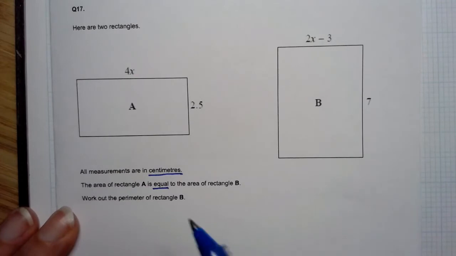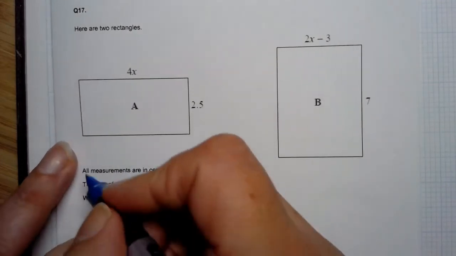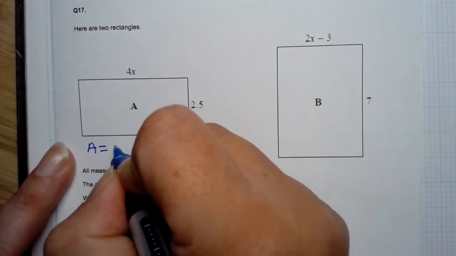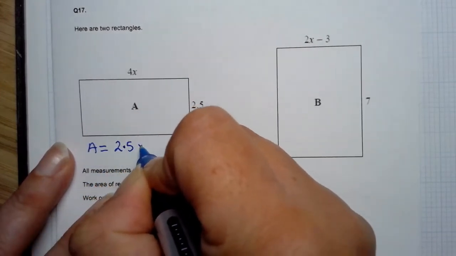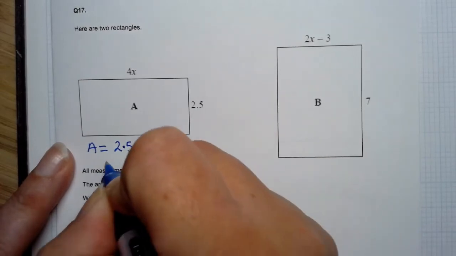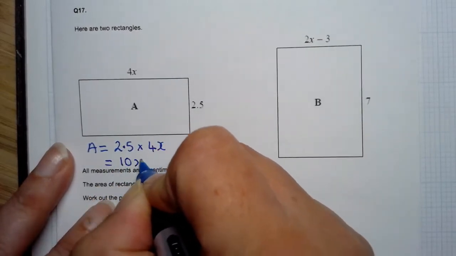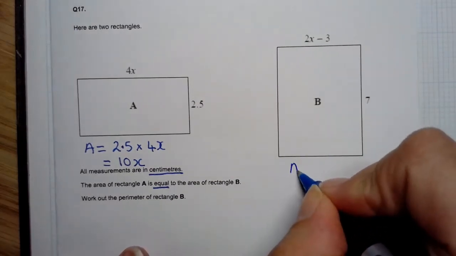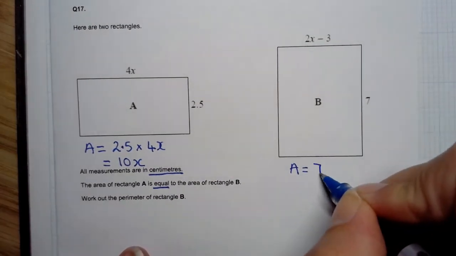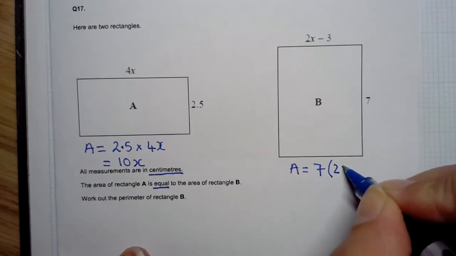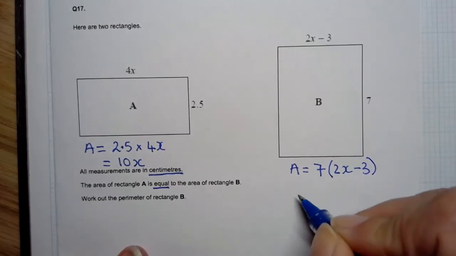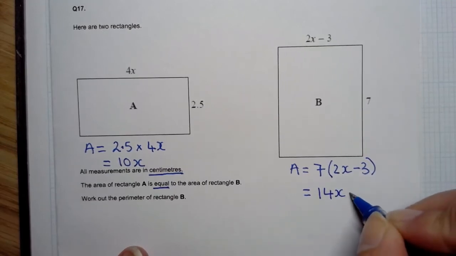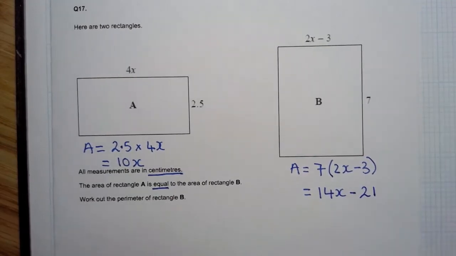So the area of rectangle A is going to be length times width, so the area is going to equal 2.5 times 4x, and that comes out as 10x. The area of this shape is going to be, we're going to need brackets, we're going to have 7 and 2x minus 3. And if I expand that bracket, I get 14x minus 21.